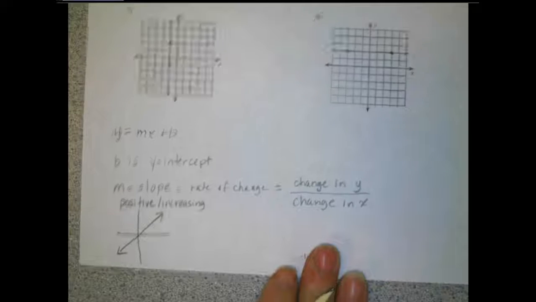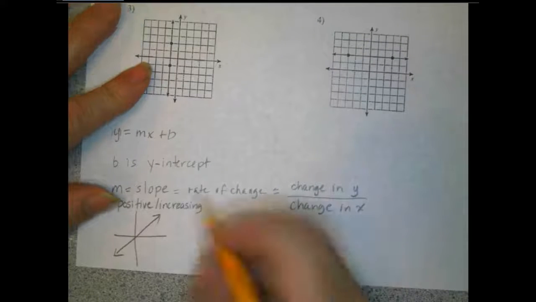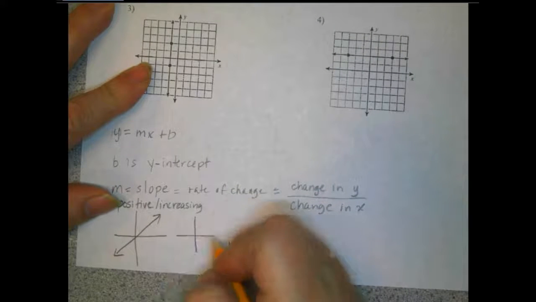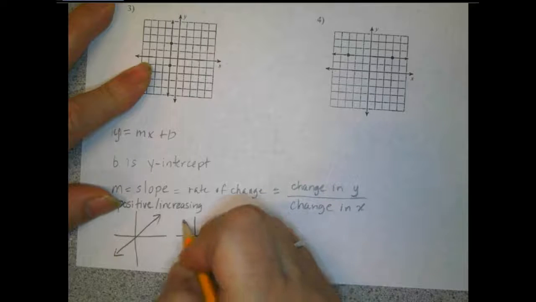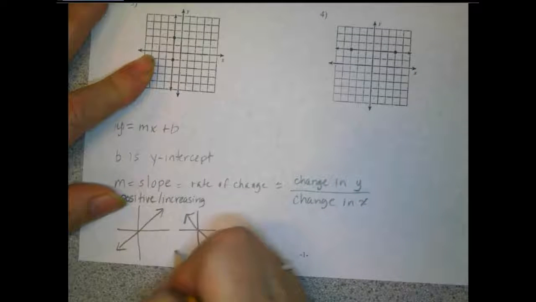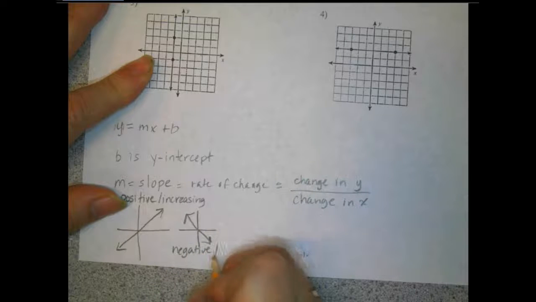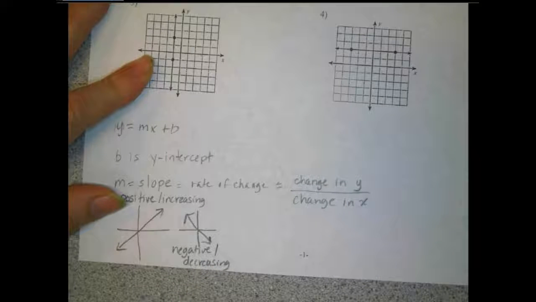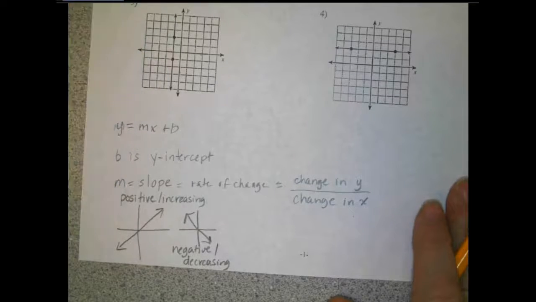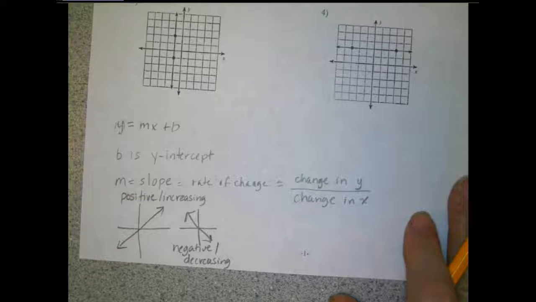We have another line that goes downhill, right? So we'll call that a negative slope, and decreasing. Most of our lines are going to be this way if it is a linear expression. That means it is a straight line on the graph.